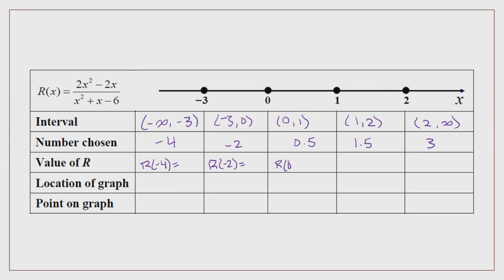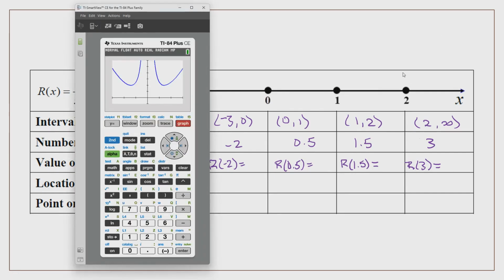And we can definitely use our calculator to help us. Or you can do it by hand. Either way works. So let's grab our calculator. Okay, we're going to go to y equals, and we're going to enter in our function.